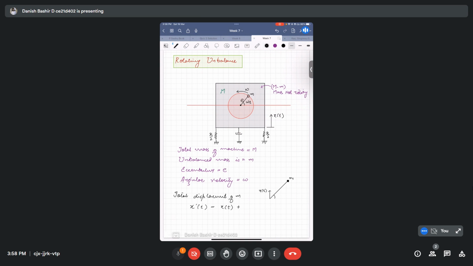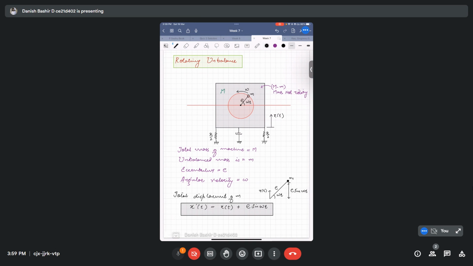So this vertical displacement will be equal to e sine omega t. So additional to x of t, it will be having one more displacement due to the eccentricity and the rotating mechanism, e sine omega t. It will be the total displacement at any instant of time of this unbalanced mass small m.